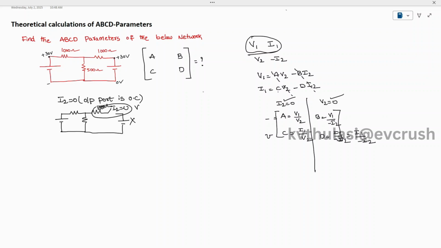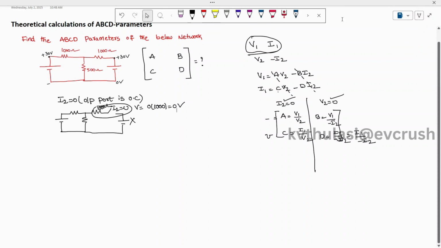So what is the voltage here? Voltage equals 0 into 1000, which is once again 0. Therefore this branch will act like a short circuit. You can see now this branch is completely short circuited.